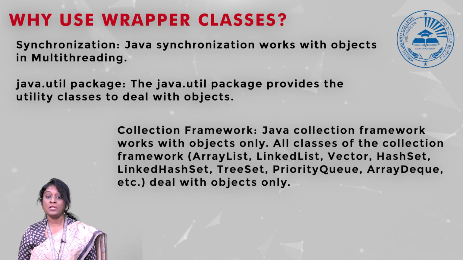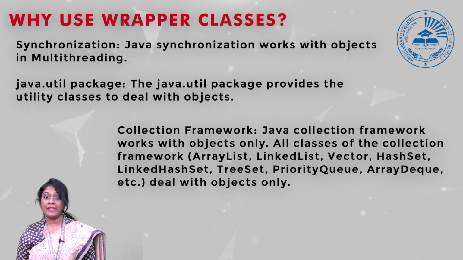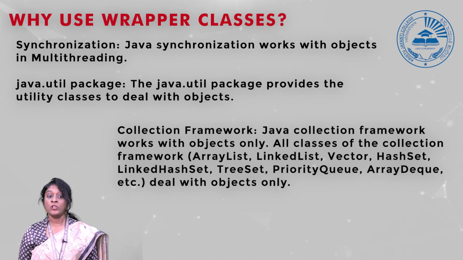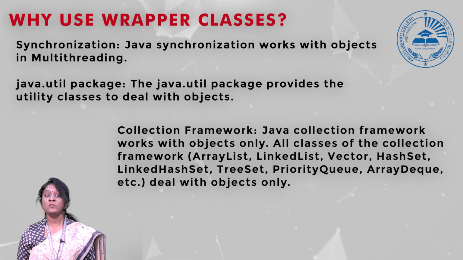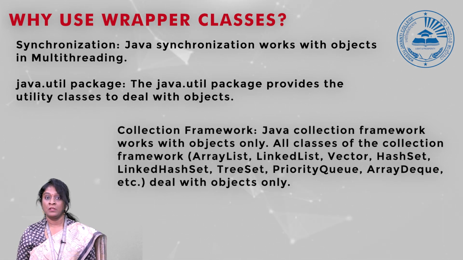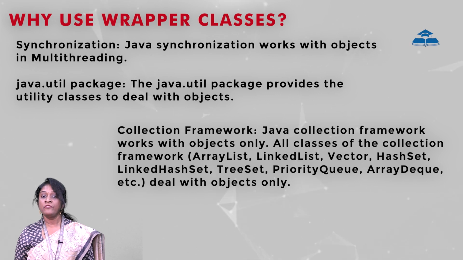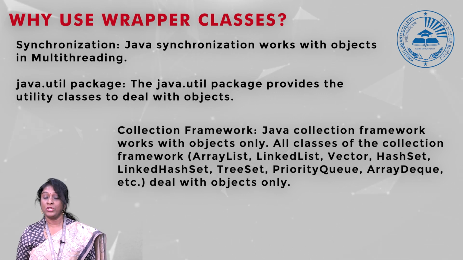Java synchronization works with objects in multi-threading. Next is the java.util package, which provides utility classes to deal with objects. And the last reason is the collection framework, which works with objects only.